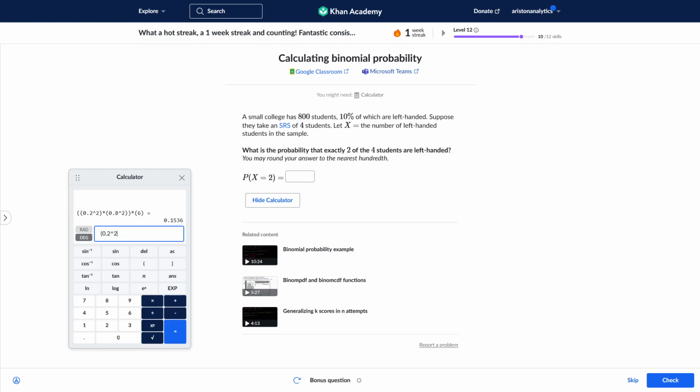Curious to see if this is exactly the same. Yeah, it's exactly the same. 0.2.